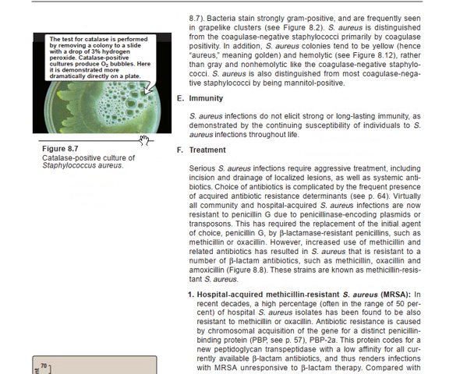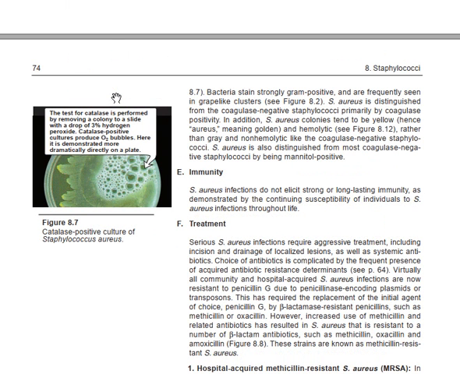So this is one method of how you can recognize Staphylococcus aureus. You need to know that there are different enzymes contained inside Staphylococcus aureus, for example, a catalase positive culture of Staphylococcus aureus. Is it clear? The test for catalase is performed by transferring a colony onto a slide with a drop of 3% hydrogen peroxide.